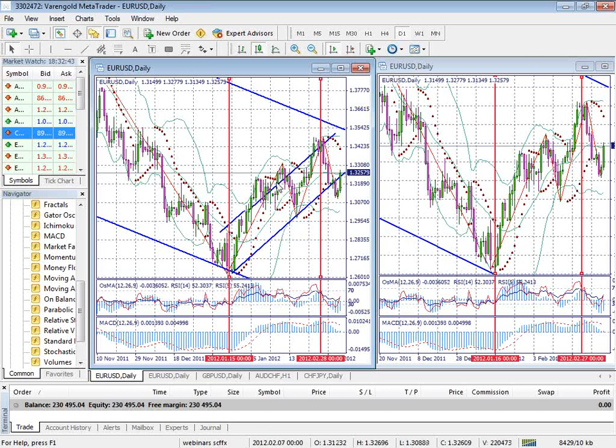But actually, what does short mean? Short means from 15th of January until 28th of March, about 1 month. It is not so short, yes?